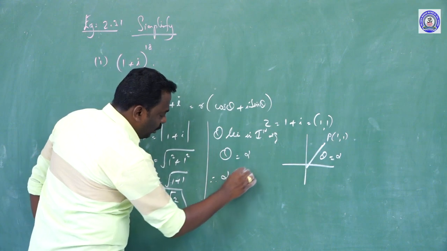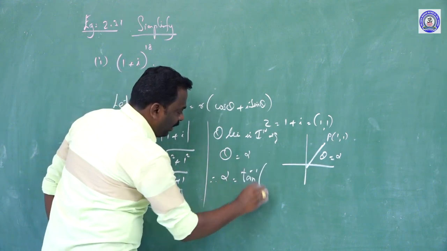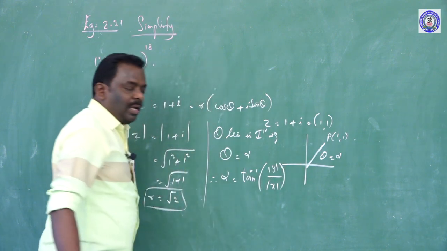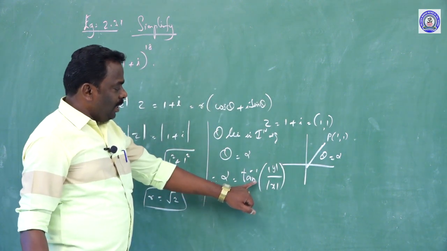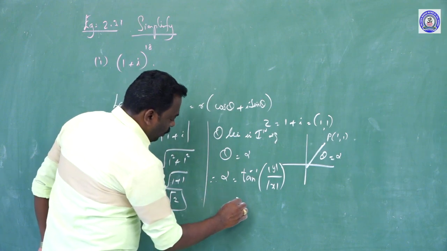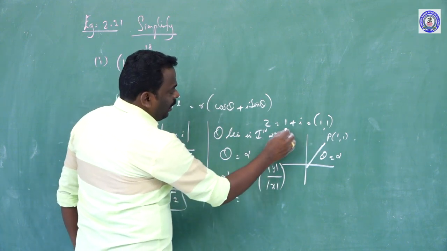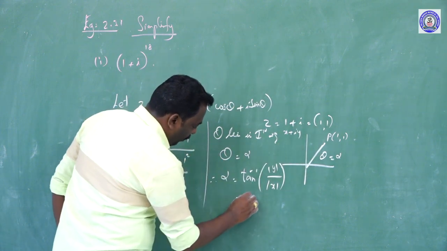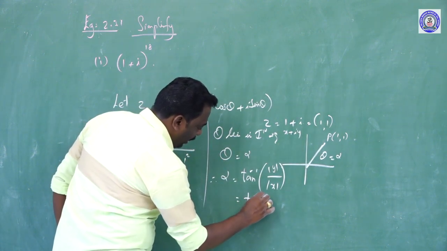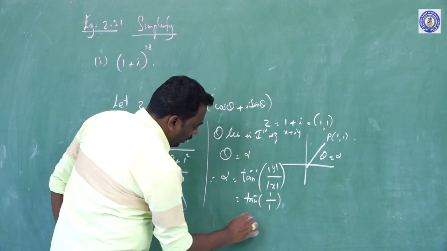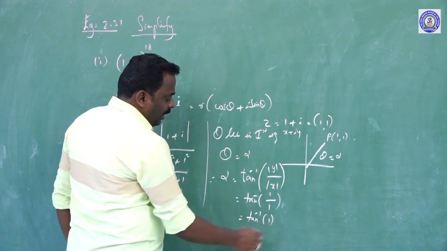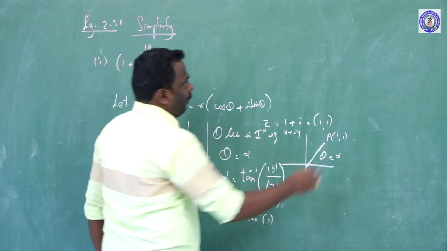Here alpha equals tan inverse of modulus of y by modulus of x, where z equals x plus i y. The y value is 1 here. Therefore it is tan inverse of 1 by 1, which is tan inverse of 1. And what value of tan equals 1? Tan 45 degrees.